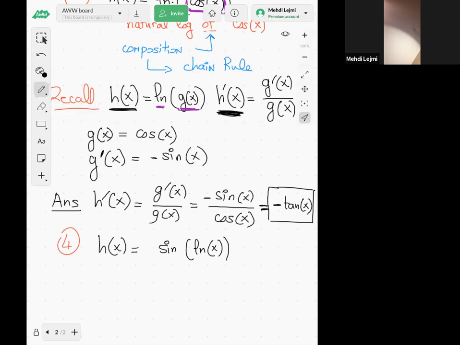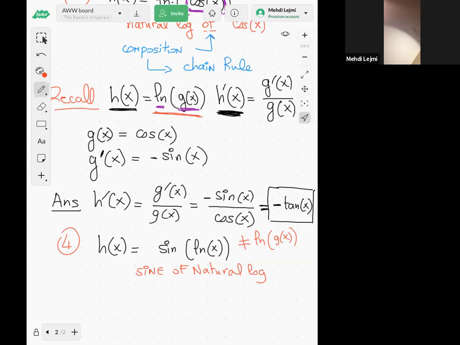So this is sine of natural log of x, right? This is not of the form natural log of g of x, because the natural log is inside the sine.